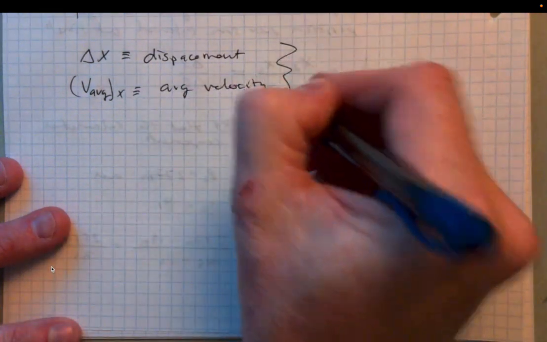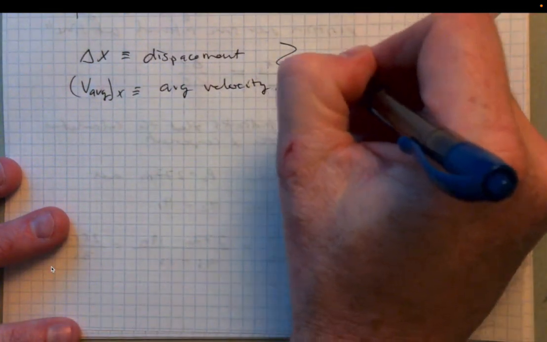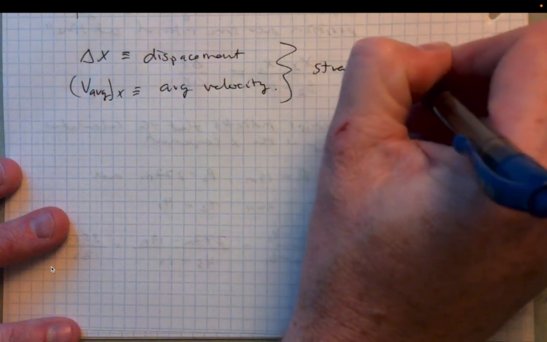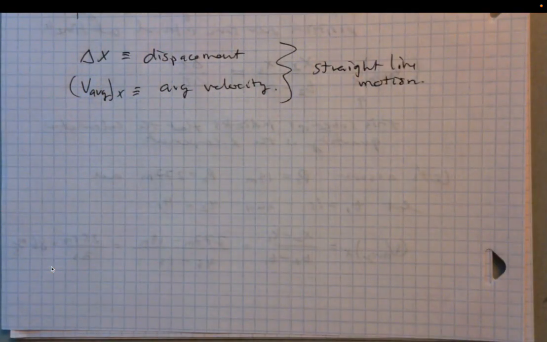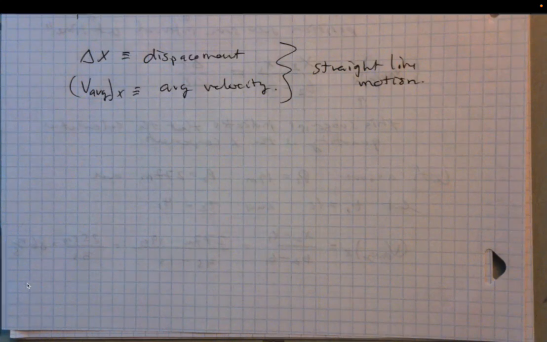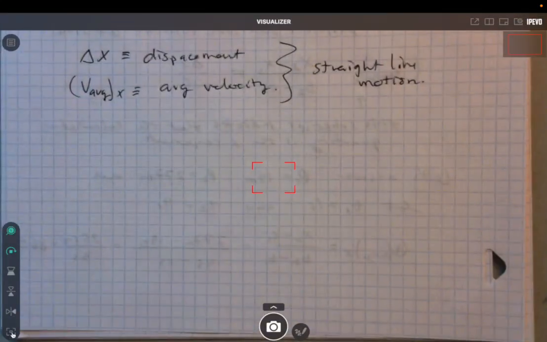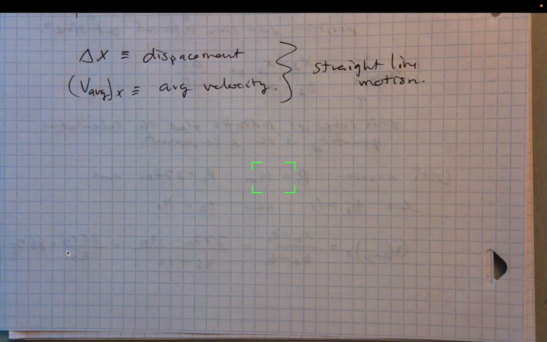Now, this is only with straight line motion. This convention really doesn't hold any longer as soon as we move into higher dimensions. Once we move into higher dimensions, this convention of referring to delta x as the displacement will break down, as you'll see.